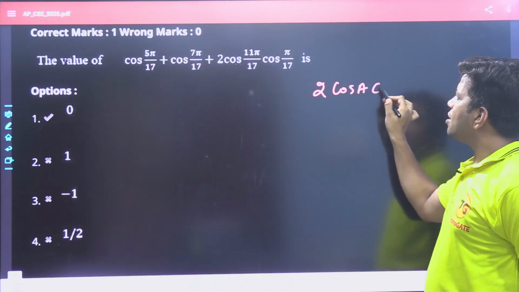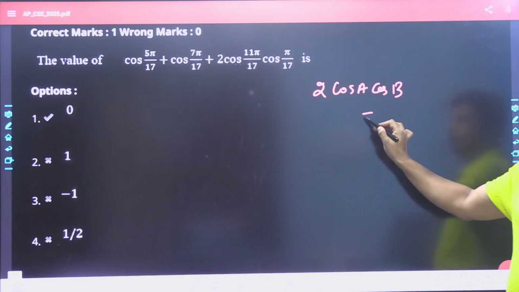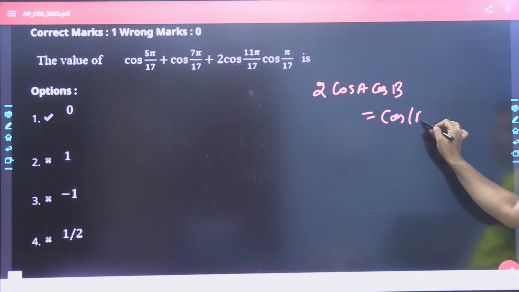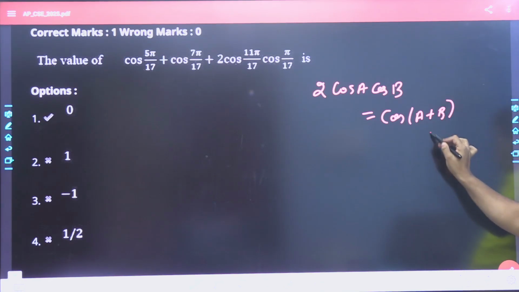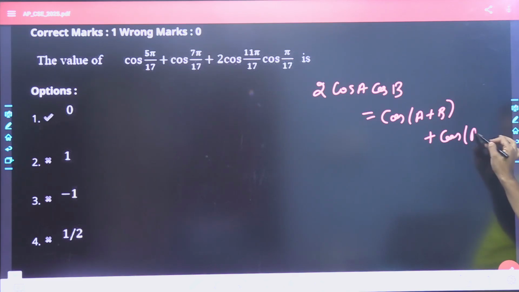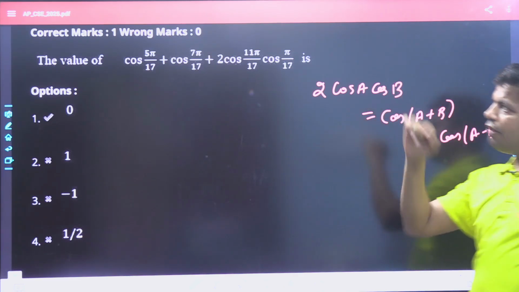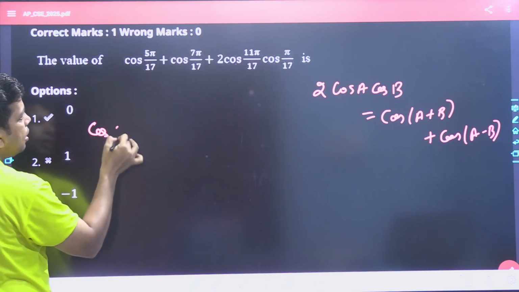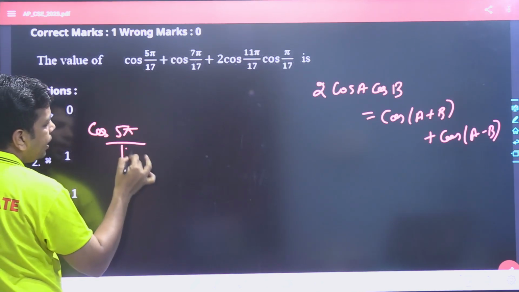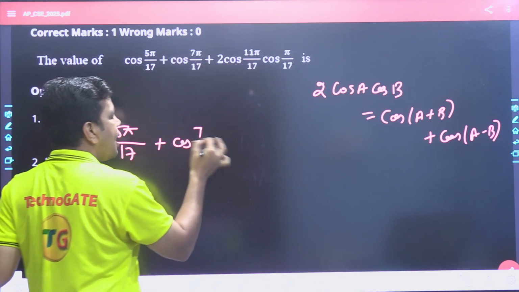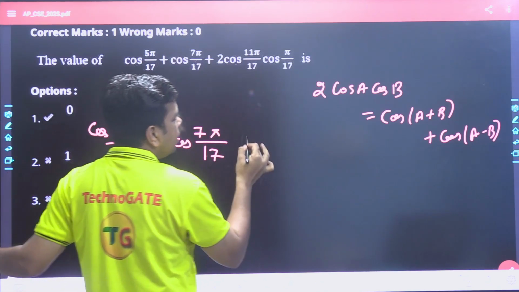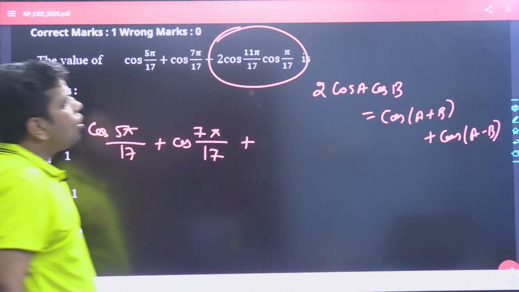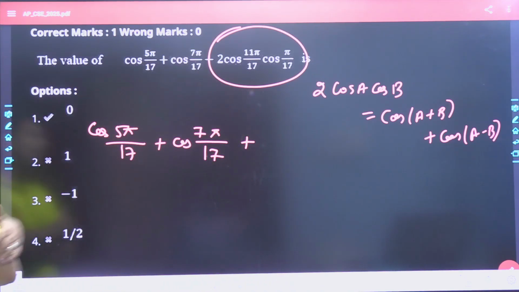Cos A cos B plus cos pi by 17, cos 7 pi by 17, cos A is what? 11 pi by 7.